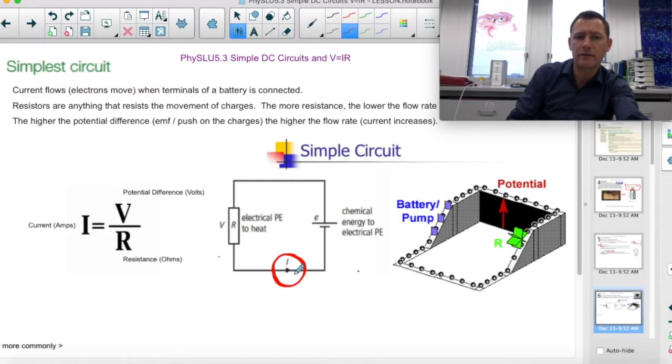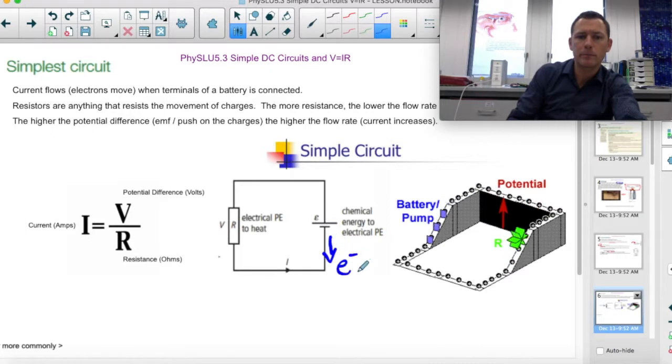This is the conventional current, meaning the positives want to move this way. Really, it's the electrons that are moving this way. But we say the conventional current is that way. The electrons are going from high density of negatives to high density of positives, so they're walking this way.